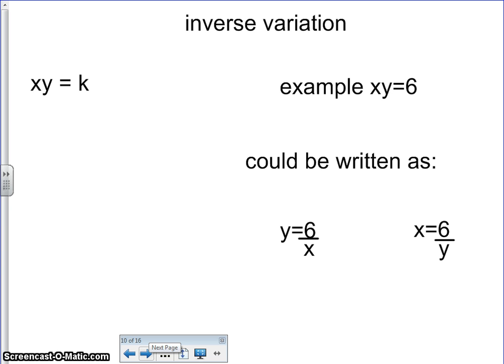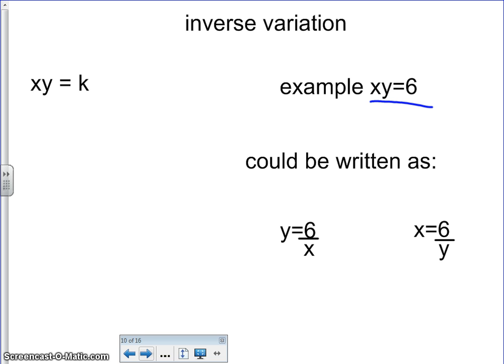All right, inverse variation is kind of like the counter of direct variation. And inverse variation, that's when you multiply two variables together and you get a constant. An example of inverse variation is right over here, where we have xy equals 6. It's important to note that inverse variation is sometimes written in different ways.